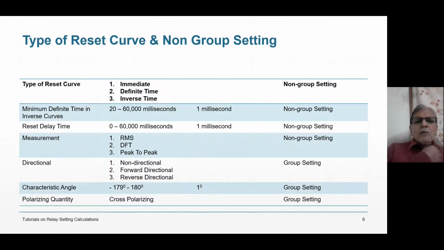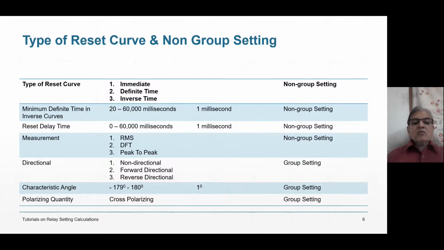The type of reset curve, minimum definite time for IDMT curve, and reset delay time measurement are non-group settings. They are not available in 6 groups; it is only one single group. Directional, characteristic angle and polarizing quantity are once again in 6 different groups. Directional means you can make the relay non-directional, forward directional, or reverse directional.